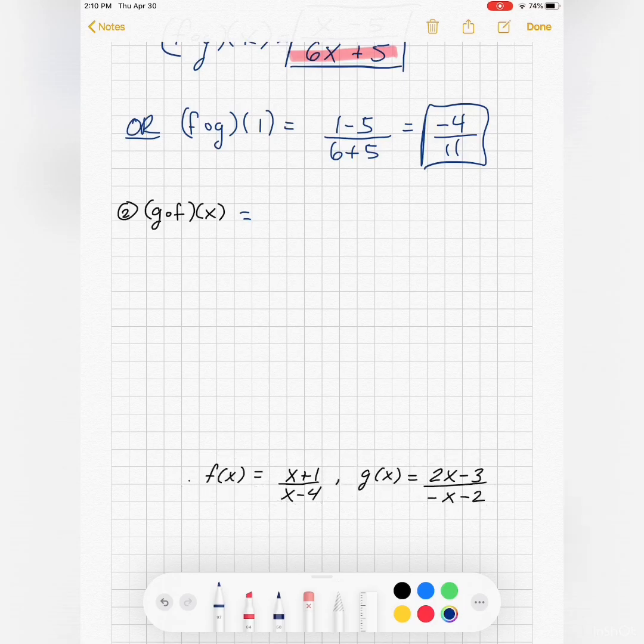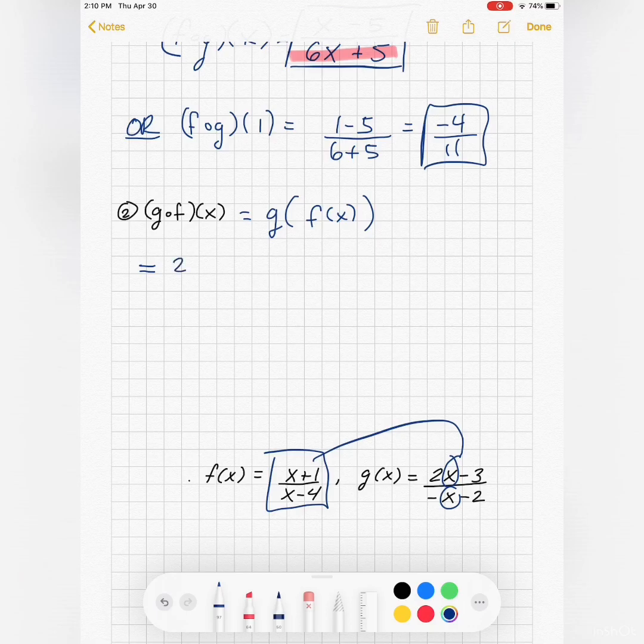So this time, the inner function is f. That's the one closest to the variable x. Now g is the outer function. So now I'm taking the f of x function and plugging that into the g of x function.